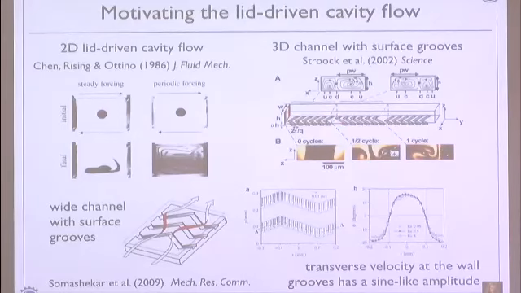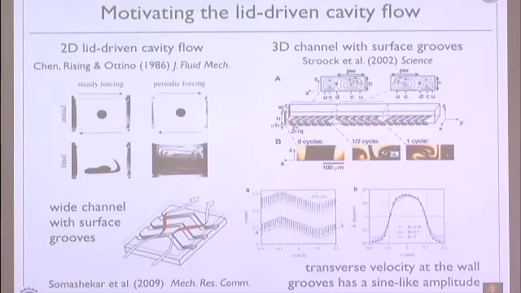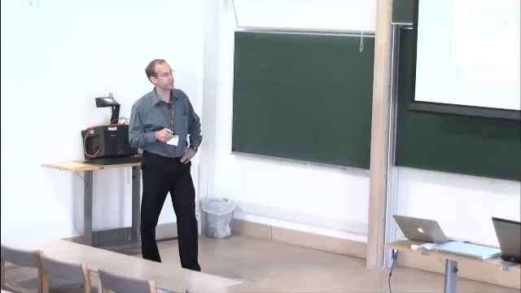And there was some more recent work, a paper that's been highly cited in terms of microfluidic mixing, that Abe Stroock published in Science in 2002, where he has this herringbone pattern on one of the walls of this channel.